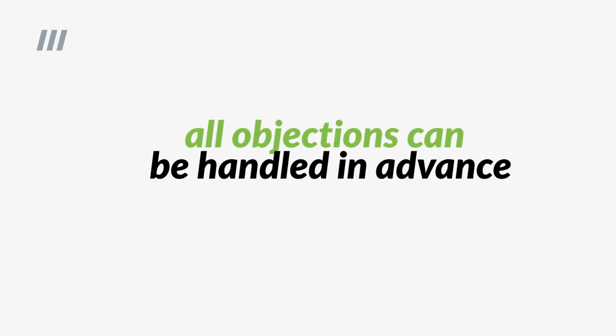If you get the objection, hey, I've got to talk to my wife or I've got to talk to my business partner, that doesn't mean, man, what should I say? I've got to think about what I need to say when someone says that again. It means that you need to handle that in advance. And that goes with every objection. Every objection that you get could have been handled in advance and should have been handled in advance. So make sure you're interpreting that.